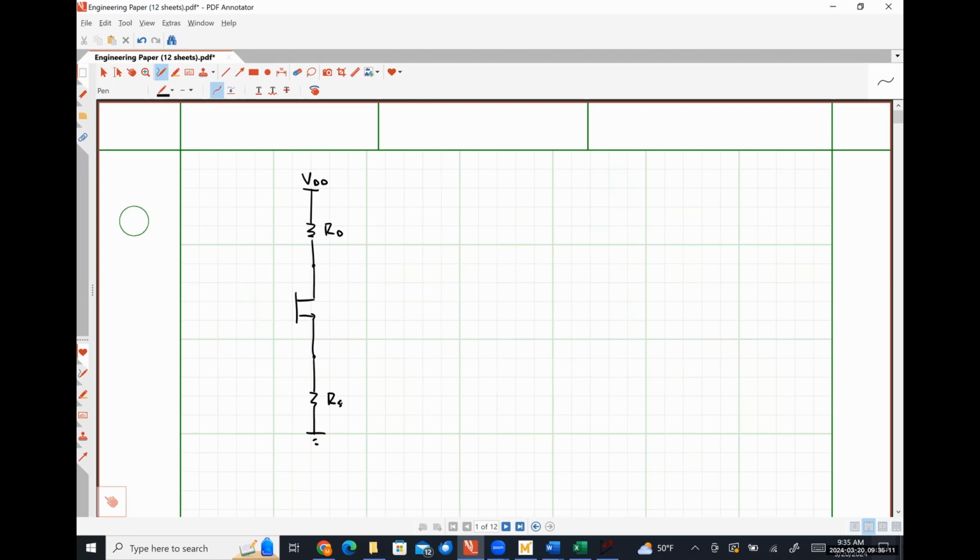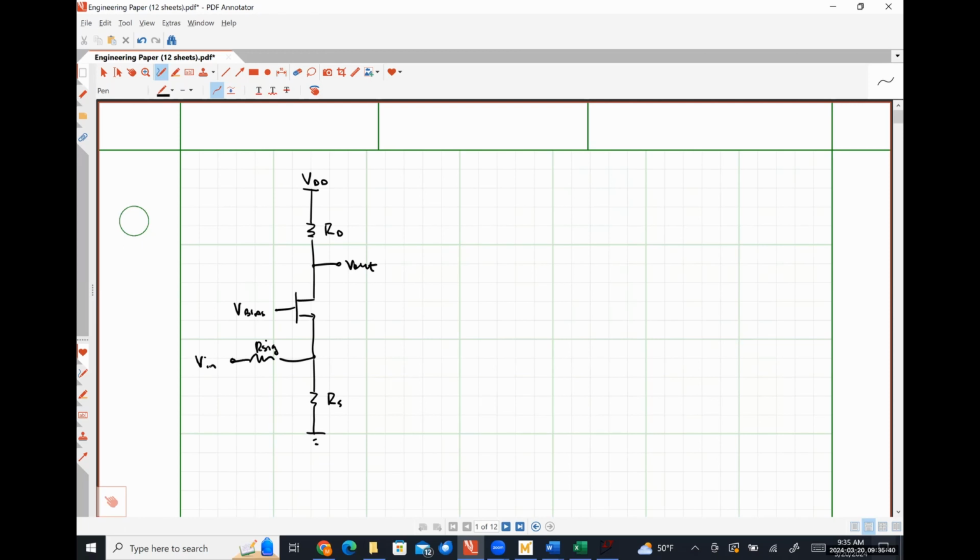This RS down here is just the small signal resistance of that diode connected transistor. I'm just going to call it RS. This is our bias voltage. Here's V out. Here's R sig. And here's V in.